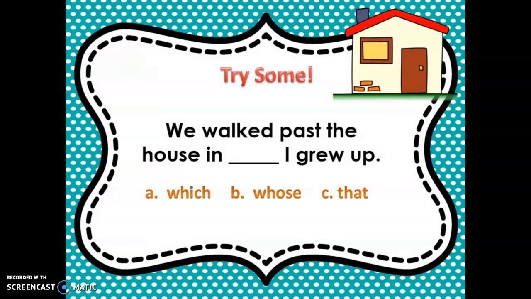Let's try the next one. We walked past the house in blank I grew up. So let's see. Is it possessive? Is it showing ownership? Well, not really. Nobody's owning anything. Is it a person? No. So again, here we're back to that essential or not essential.